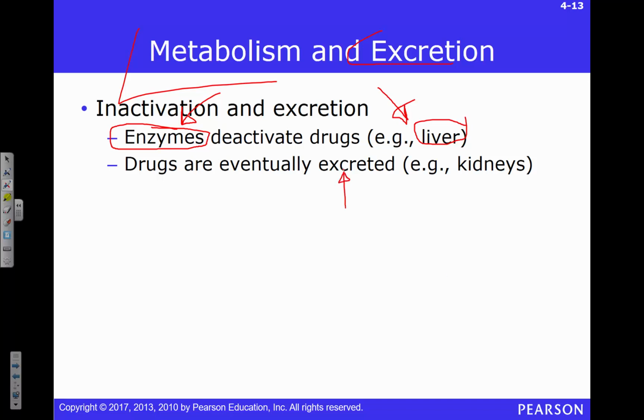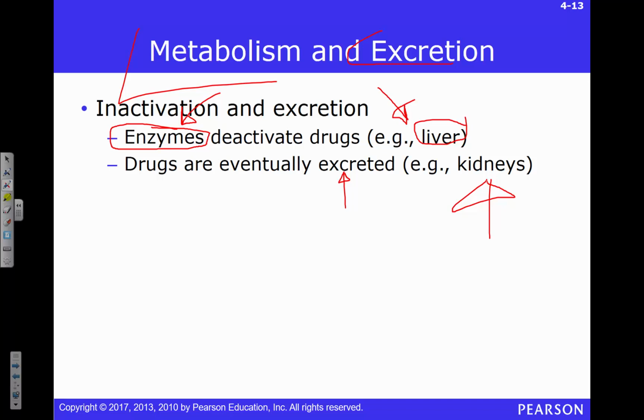Now, this is sort of an important concept. To be excreted by your kidneys, these metabolites have to be less lipid soluble than the drug itself, right? And that's because your kidneys are made out of lipids, okay? And if your metabolite is lipid soluble, it's going to slip right through your kidneys, and it's going to slip right out of your bladder, and it's going to go back into your body, and it's going to do stuff, right?